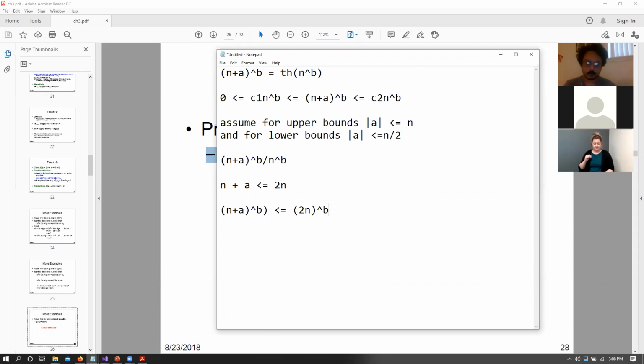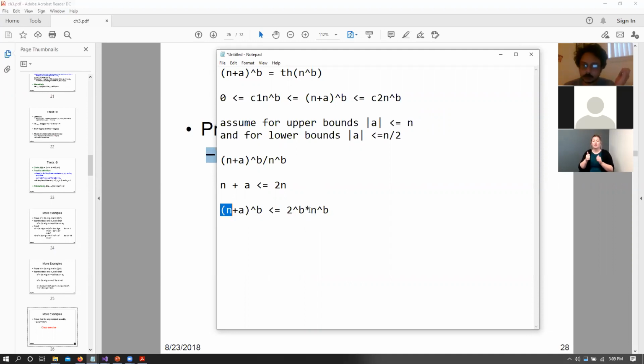Right? Okay. Now we can also break this down into 2 to the power of b and n to the power of b. Right? So, if n plus A is less than or equal to 2n, because we assume that A is smaller than n, then (n plus A) raised to the power of b is going to grow slower than 2 to the power of b times n to the power of b.